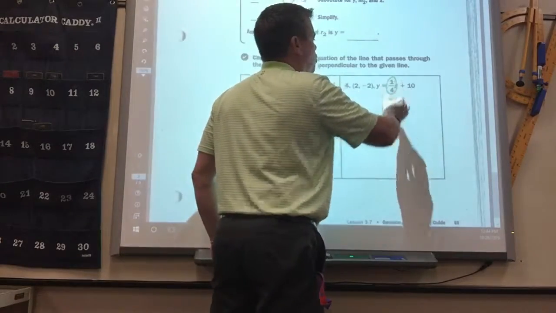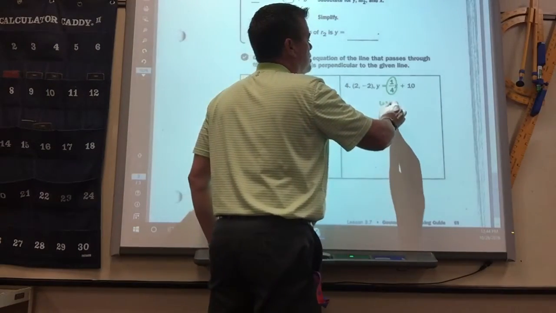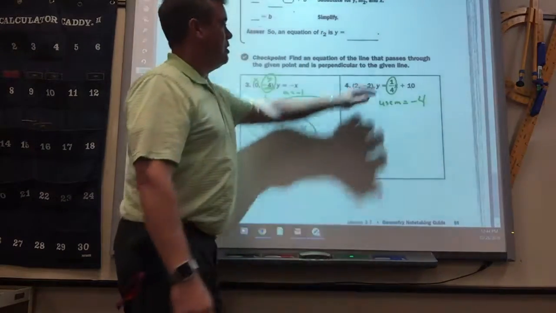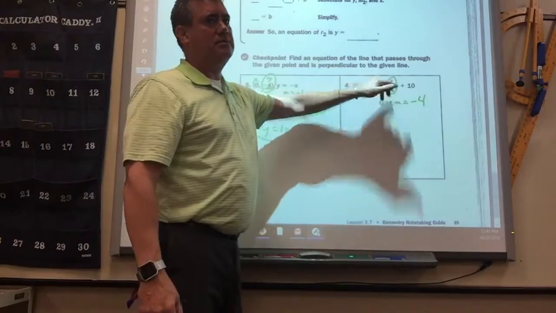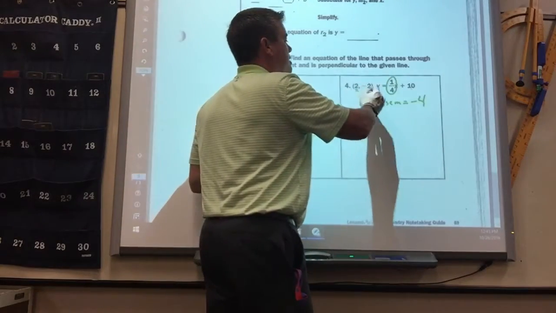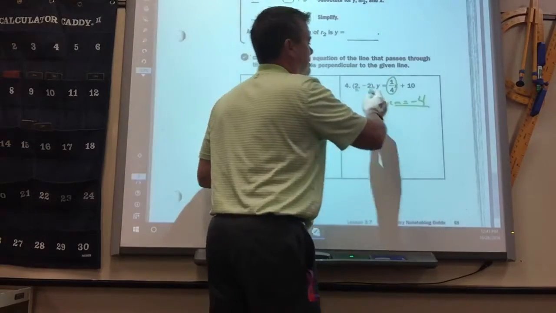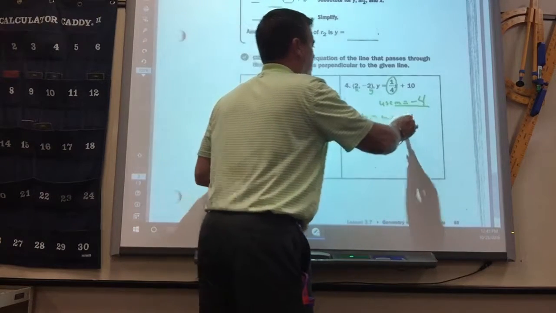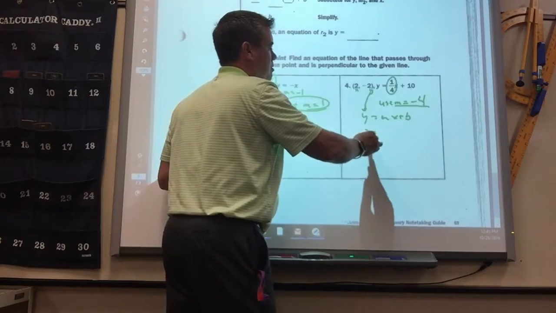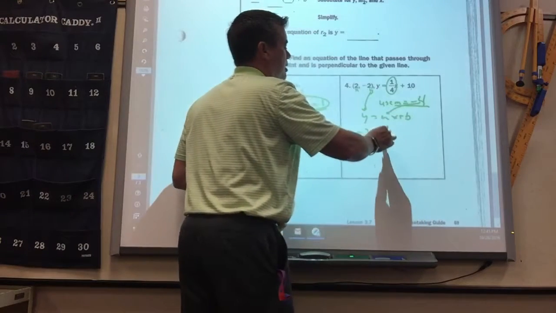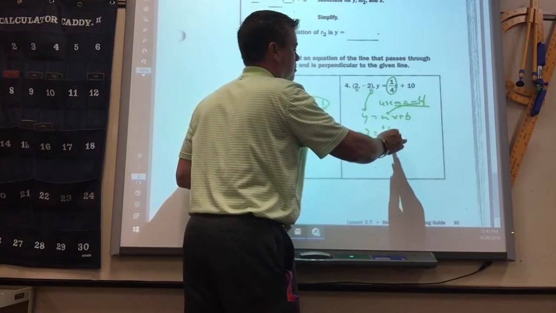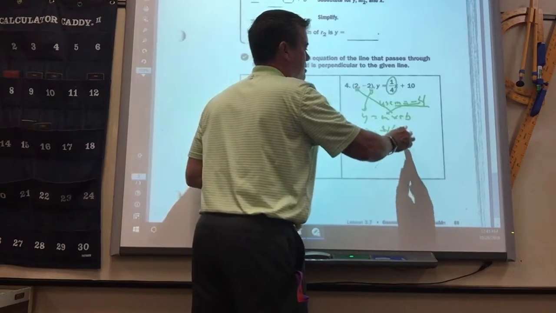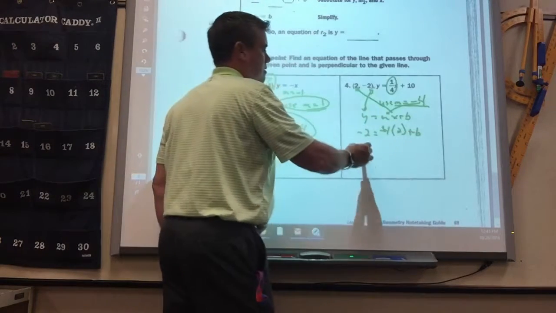So this slope is 1/4, so we use -4. You reciprocal it and change the sign. Then we use these 2 points along with the m to figure out what b is. So we put -2 for y, -4 in for m, 2 in for x, plus b.